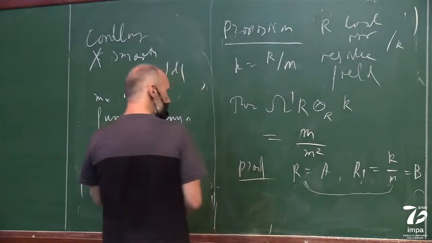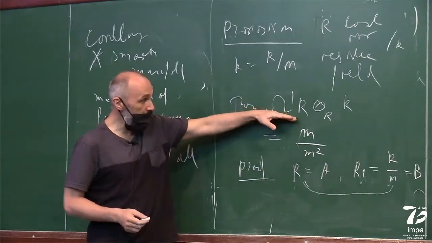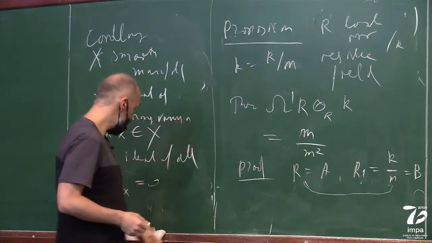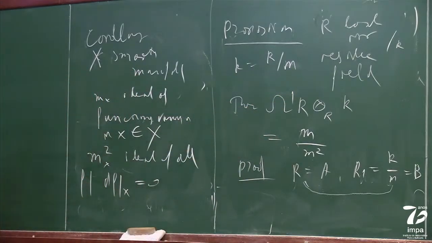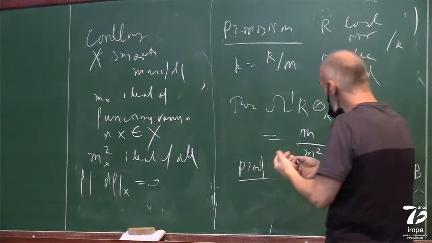So a function belongs to the square of the maximal ideal if and only if its scalar differential is 0. I mean, the scalar differential evaluated in your point x.